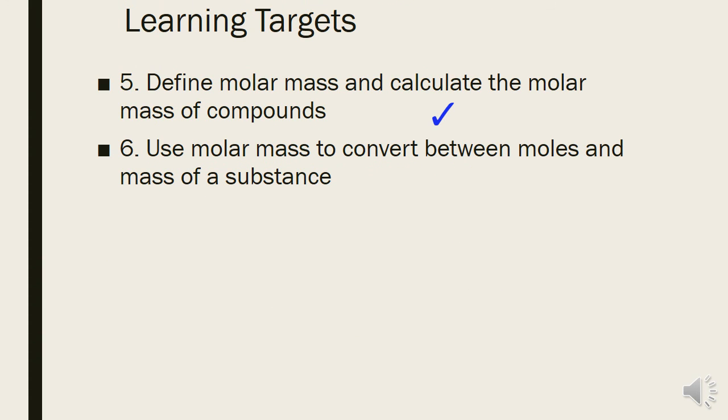All right, this concludes the 2-lesson series on molar mass. The big ideas here, remember, we use molar mass to convert between moles and mass. That's that last learning target. You still might have to use Avogadro's number, though, if you're being asked about particles. Anytime you're asked to find a number of atoms or molecules, or if you're given a number of particles and you're asked to find a mass, you have to use Avogadro's number.